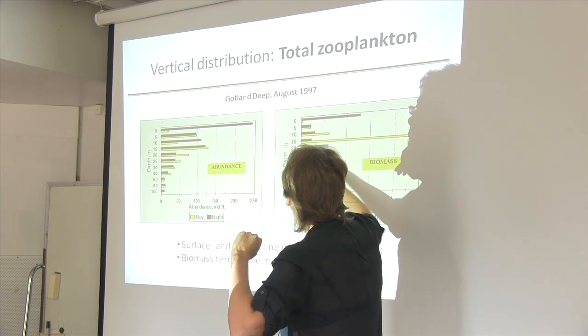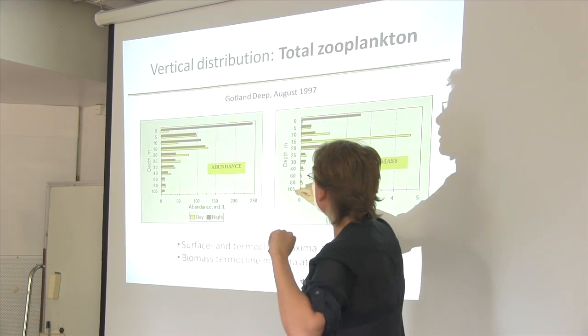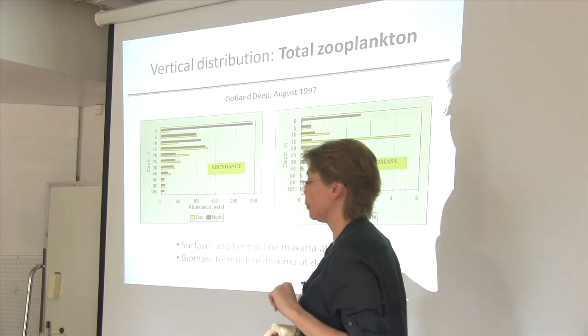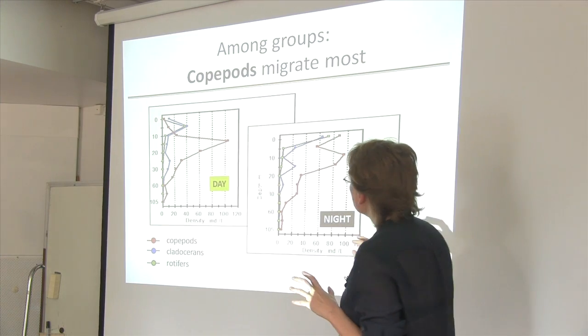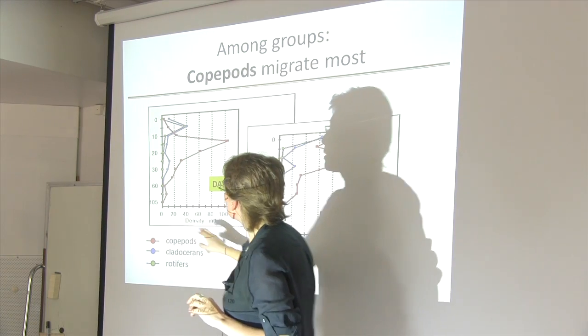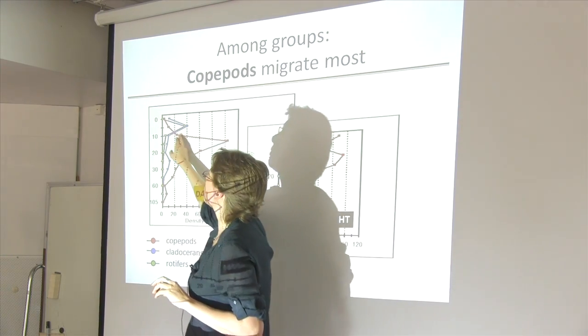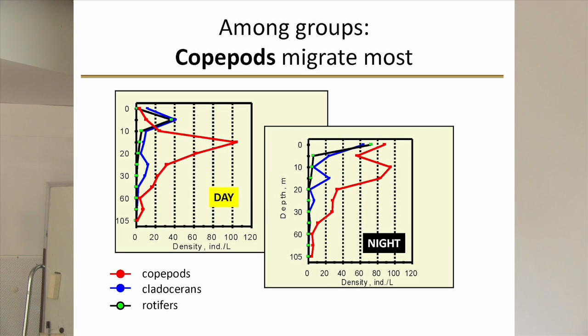During nighttime, some of them migrate to the surface, some of them don't actually, or they can migrate but from the deeper layers. When we look closer into what groups migrate and how, we see that copepods are who contribute to the 15-meter thermocline peak. During daytime, they're sitting there.